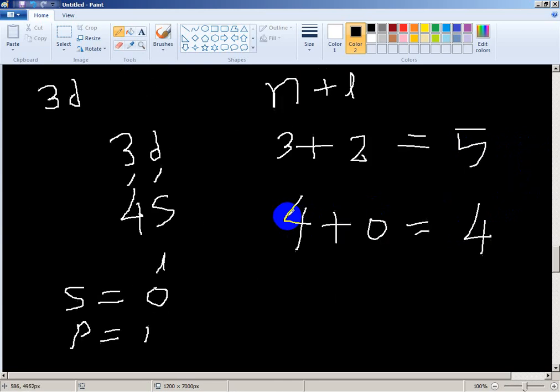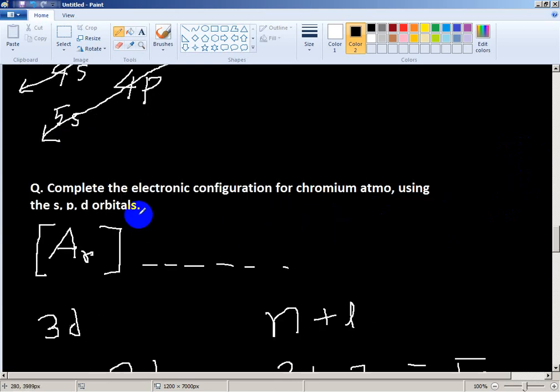Okay, this question I have given here. Complete the electronic configuration for the chromium atom using s, p, d orbitals. Here the electronic configuration up to argon is given.